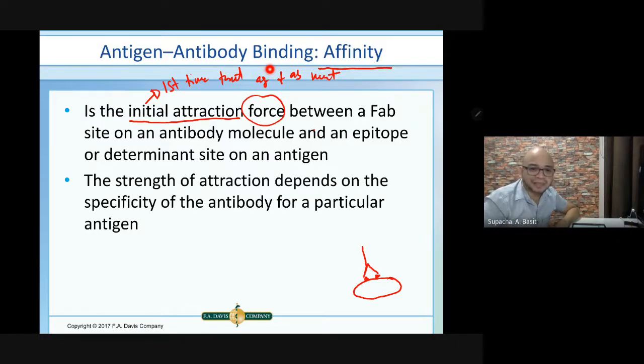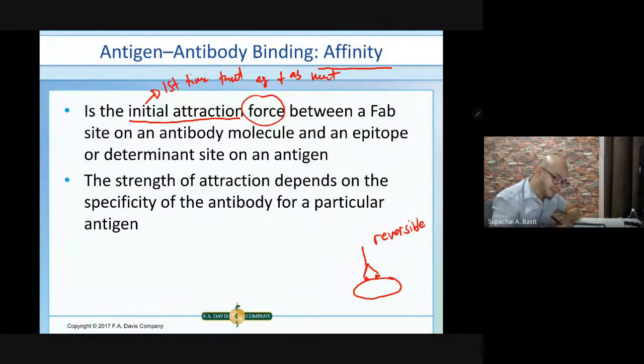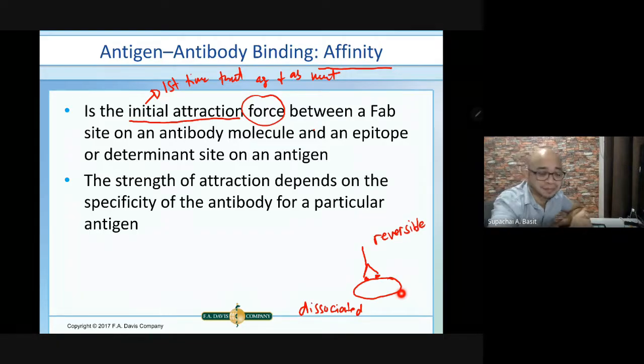Now, the thing with affinity is that it is reversible. When you say reversible, it means that they can still be dissociated. But anyway, the first time that they meet, we call it affinity.